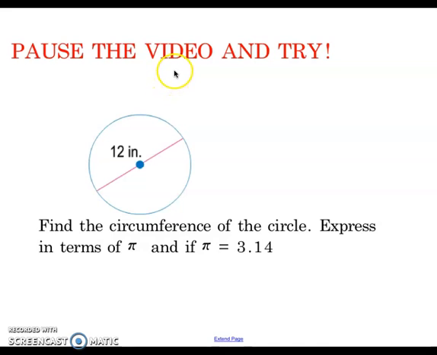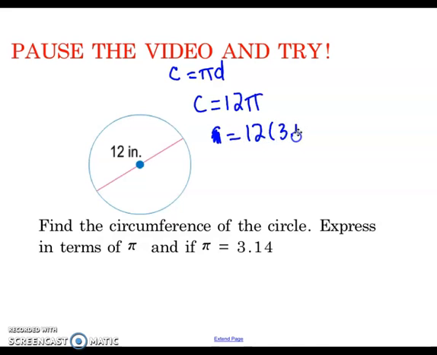So hopefully you realize to use the formula circumference equals pi d. And when you subbed in 12 for d, you knew circumference is 12 pi. And then from there, if you sub in 3 14/100 for pi, you should have realized circumference equals 37 68/100 inches. And that's how you solve basic circumference given the diameter.